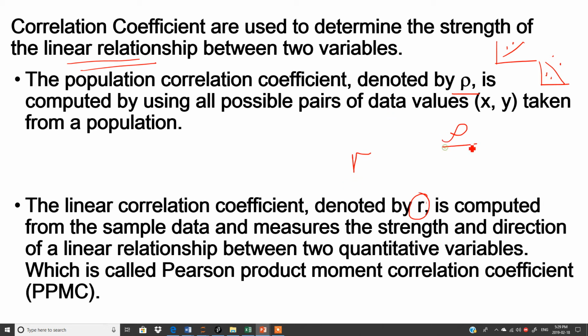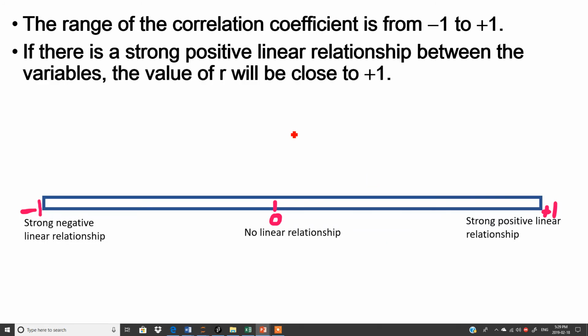It is called the Pearson product moment correlation coefficient, PPMC. Right? Okay. Now, the range of the correlation coefficient, as I have told you, lies between -1 to +1.